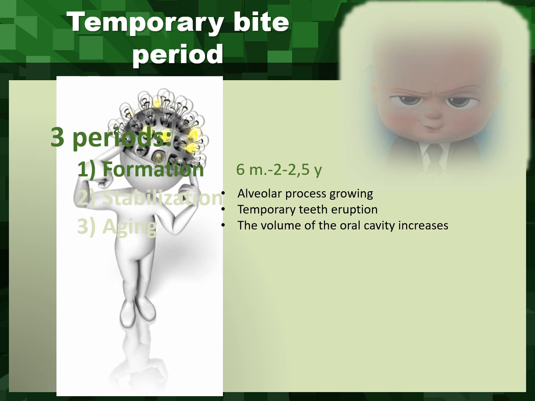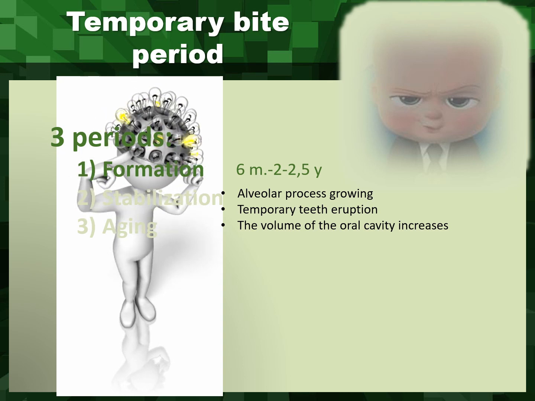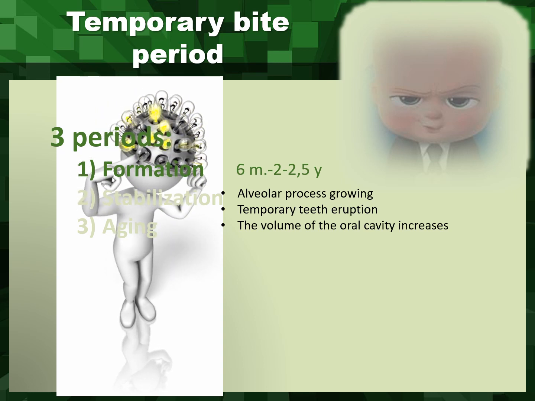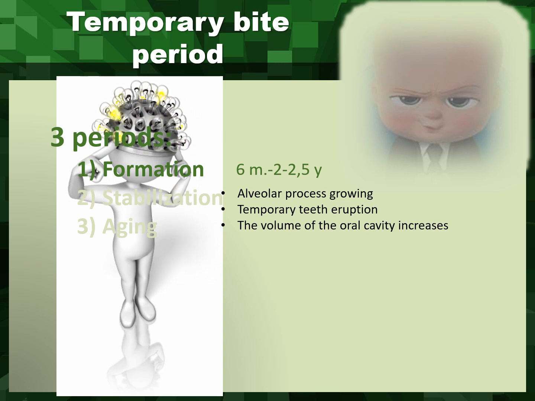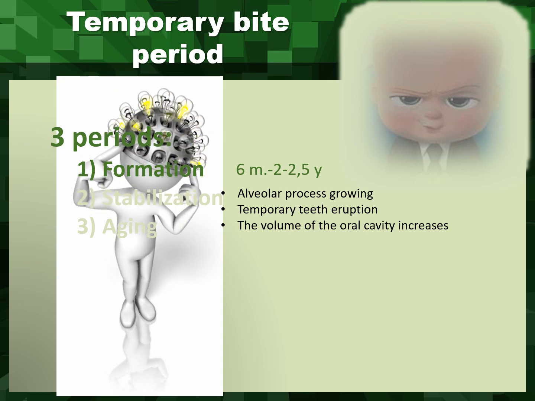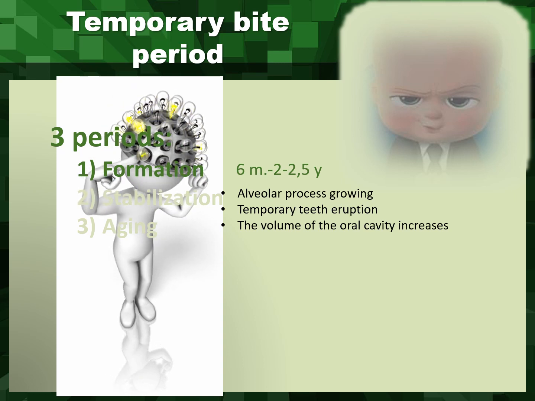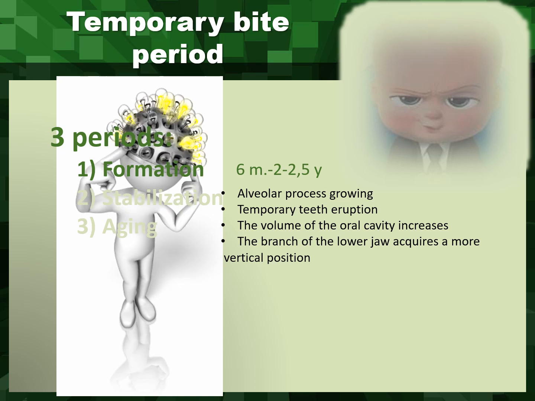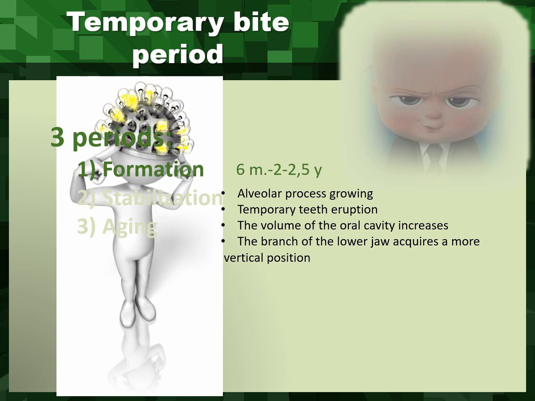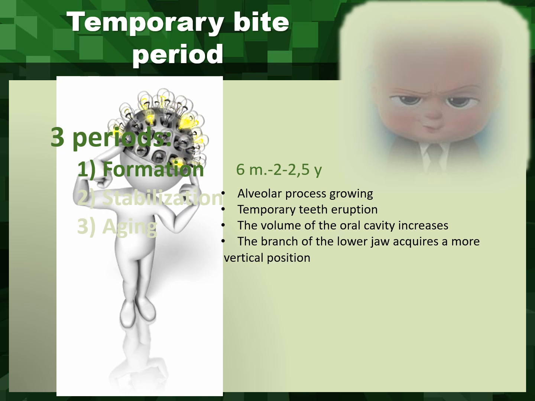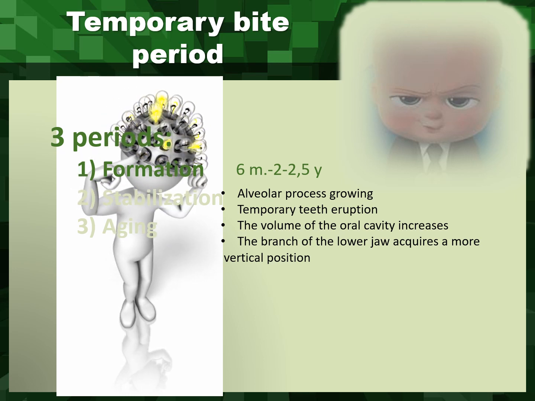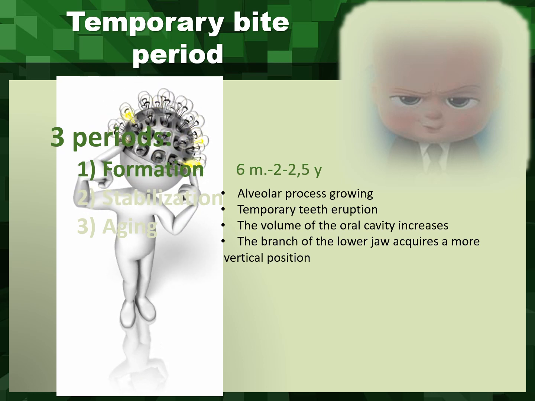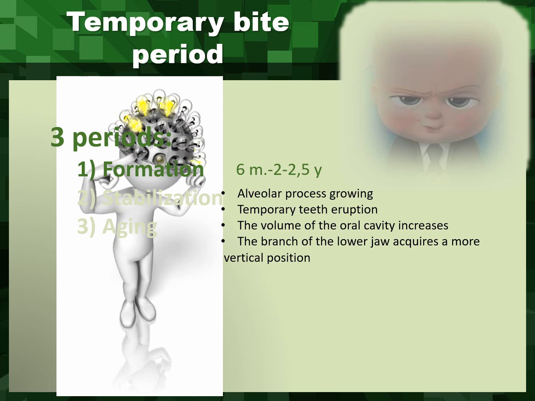The volume of the oral cavity increases because teeth are erupted, and the height of the bite is increased too. The branch of the lower jaw acquires a more vertical position, instead of in newborns, where the branch of the lower jaw has a more horizontal position.